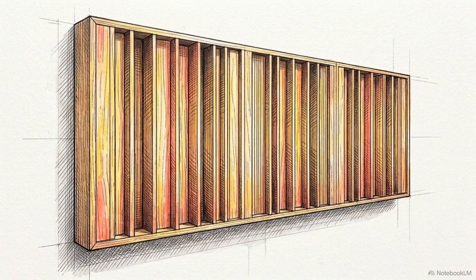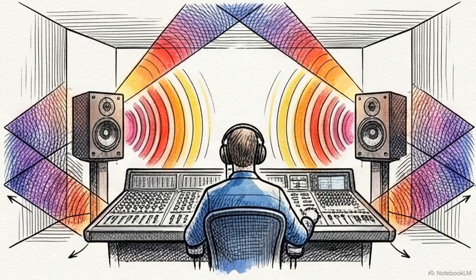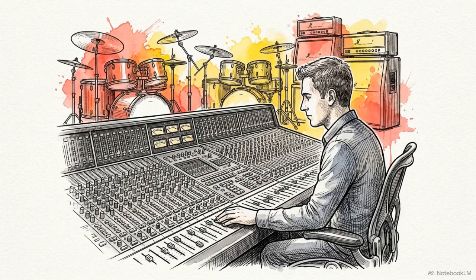Once redirected, these waves strike rear wall diffusers that scatter the energy back into the room to create a diffuse ambient field. For the stereo image to remain stable, the room must have a symmetrical six-sided RFZ. Both speakers must interact with identical boundary shapes, or the phantom center will shift. This architectural approach focuses acoustic clarity at the mix desk while allowing the rest of the room to remain lively.